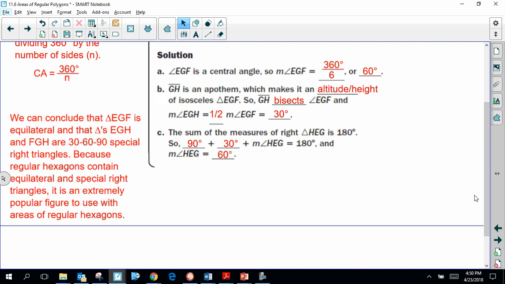Because regular hexagons do contain equilateral and 30-60-90 special right triangles, it is a favorite regular polygon to ask questions about, because it will allow you to use trigonometry, the Pythagorean theorem, and rules of special right triangles if we need to when working them out. So the regular hexagon is a very popular question because of the equilateral and the special right triangles that it contains.